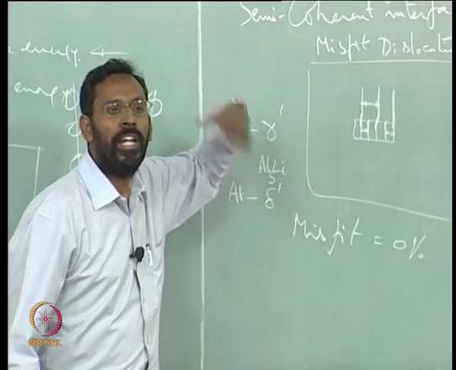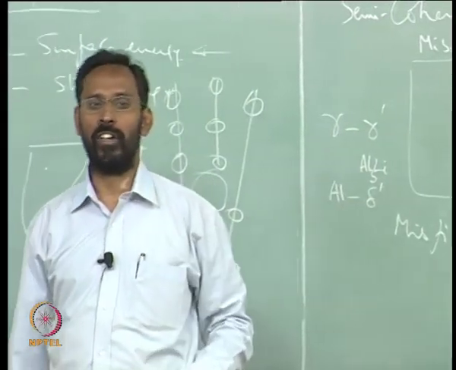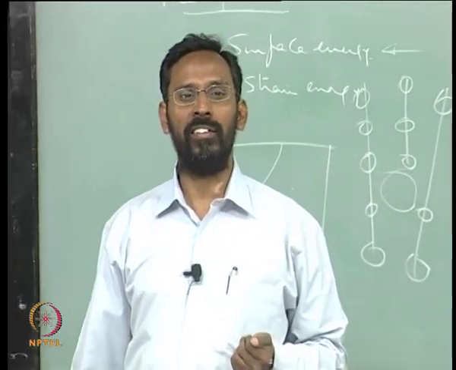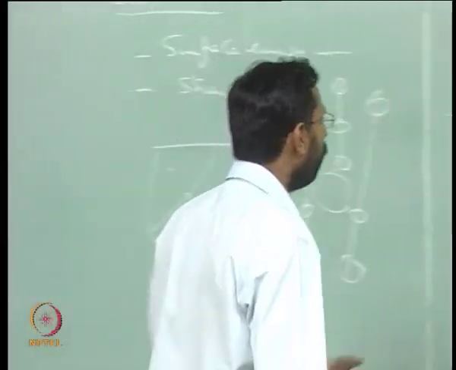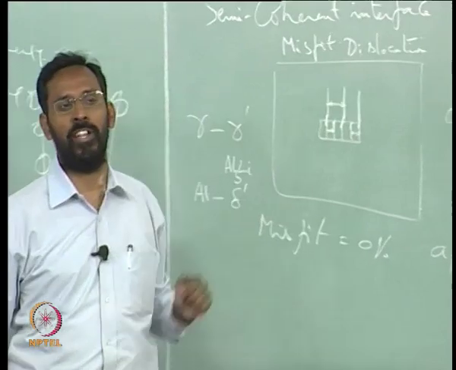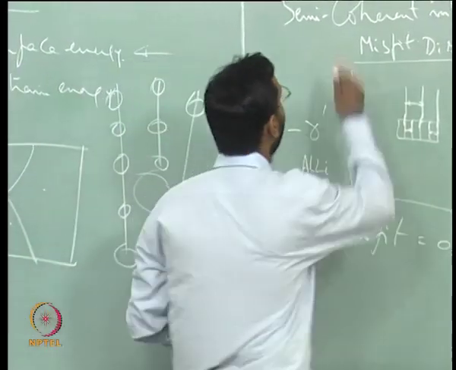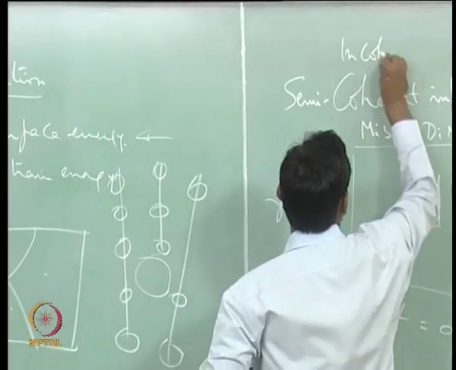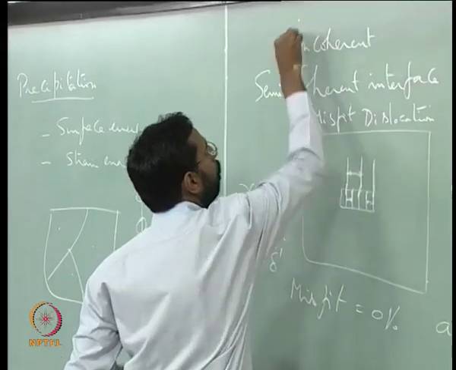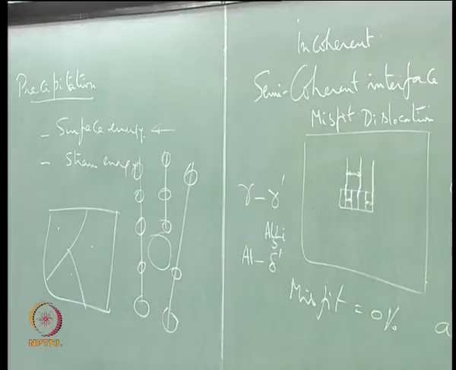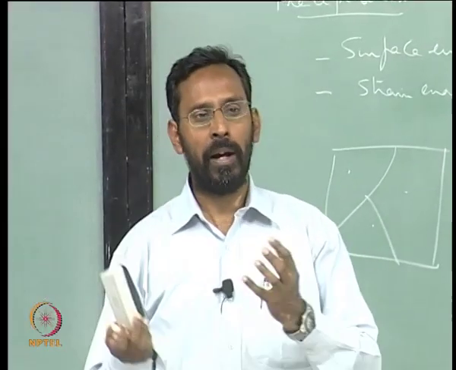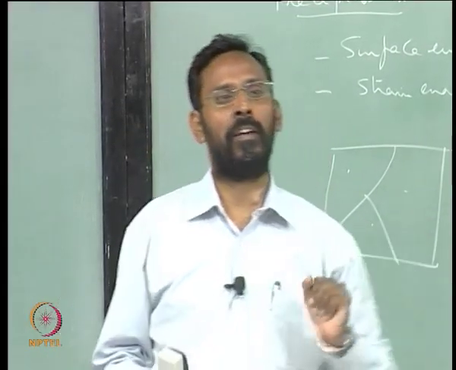That is what is going to increase as more and more dislocations come, and at some stage the overall energy is so high that the system prefers not to have any coherency, and that is what we call incoherent precipitates. Usually you get incoherent precipitates when the structure of the precipitate is entirely different from that of the matrix.